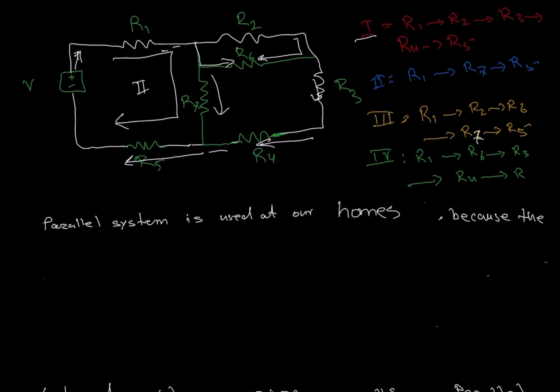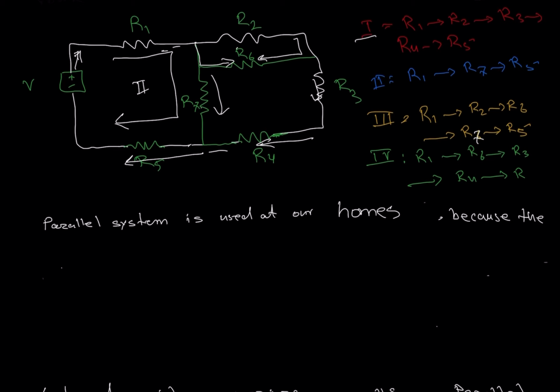Parallel circuits are used most widely at homes, for the lighting system, for receptacles, for the power outlets. Because if we had a series connection, for example, and one power outlet or some bulbs went out, it would disconnect the whole circuit of the house, so it would not be good.